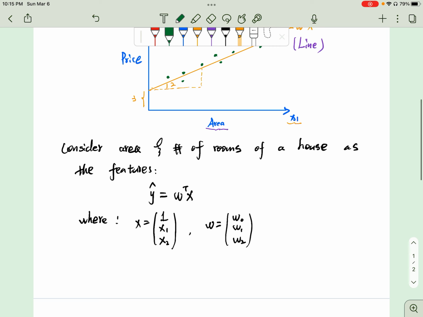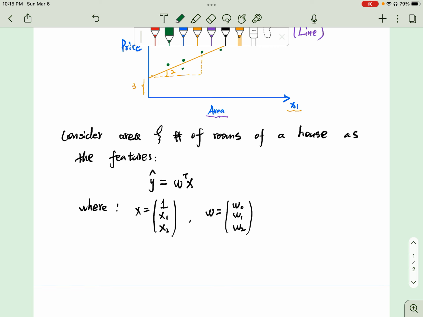If you do a transpose of omega and then multiply with x, you will get just a scalar, or just a number. Let's suppose I give you this model, which means I give you the weights, because these weights need to be determined by optimization.